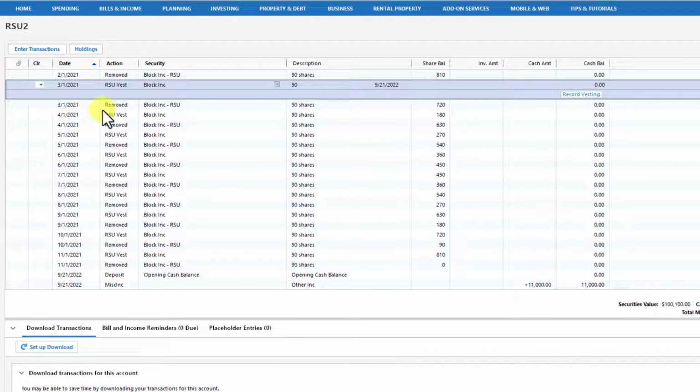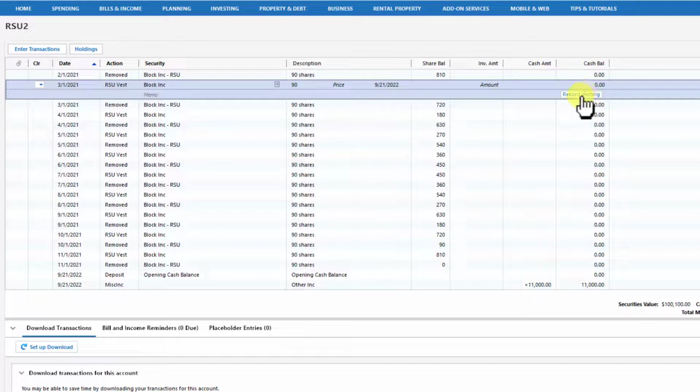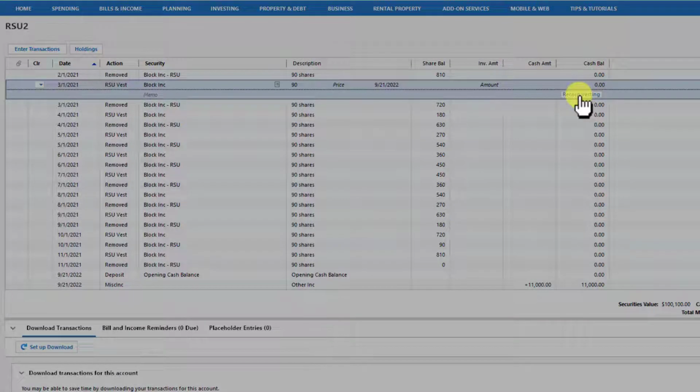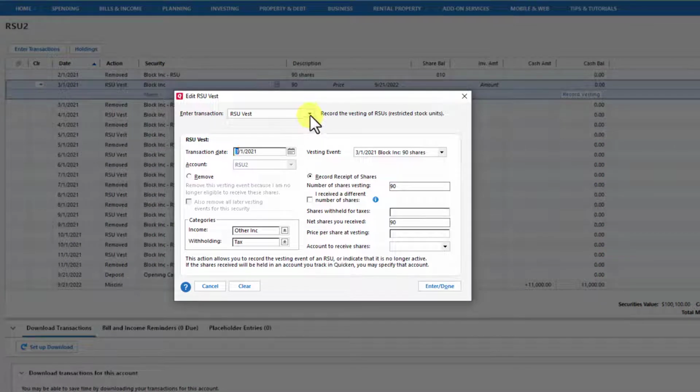Let's go to the third grant on March 1st, 2021. We will select the vest and we will hit record vesting, which is a shortcut to the same transaction command as we saw before. See, there it is, RSU Vest, and it's already selected the March 1st.